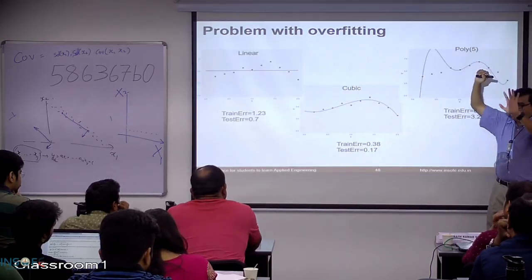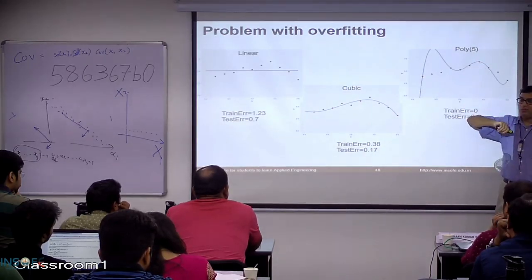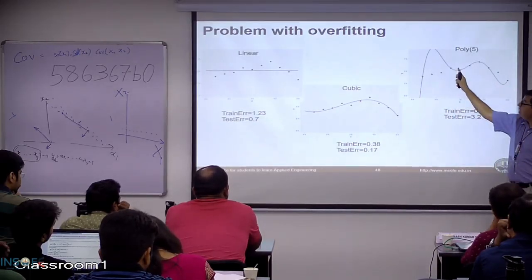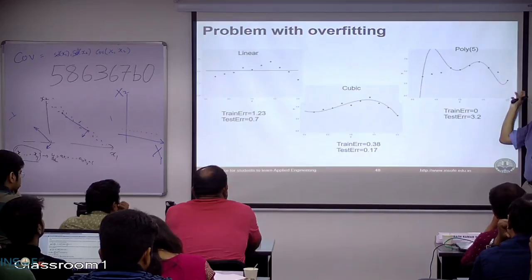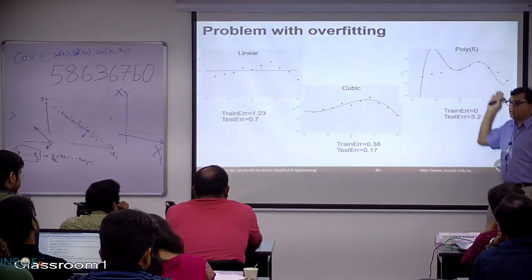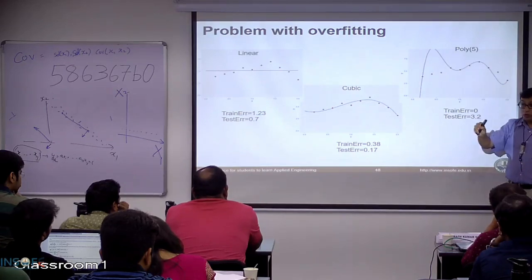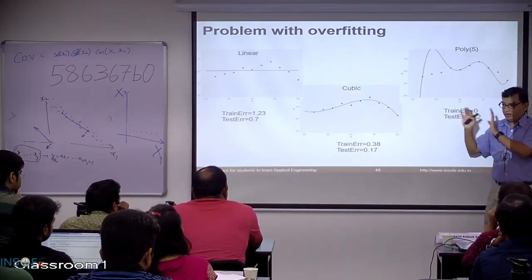So beta 5, beta 4, beta 3, beta 2, beta 1, all of them are non-zero, and it tried to make sure that the error is very small. But it resulted in this crazy little curve. I am saying that's because the focus was only on error.